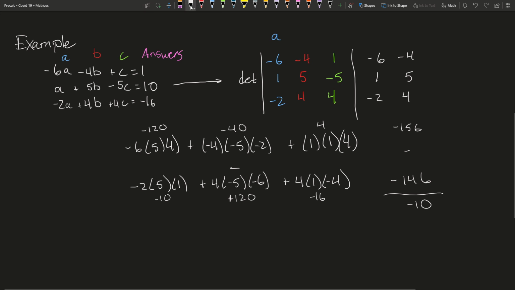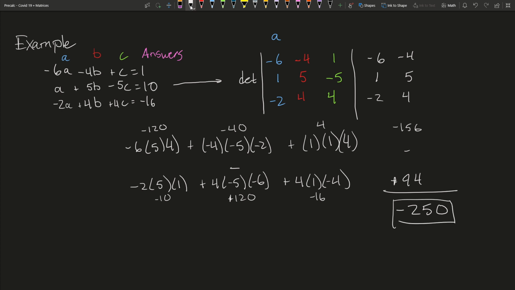Should be a plus. Okay, so negative 10 plus 120. It's 110. So this is a plus 94. That's where I went wrong. And then this still is negative 250. Okay. So that's the determinant of our coefficient matrix.